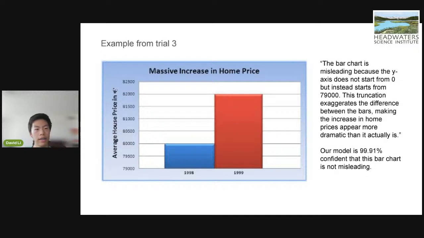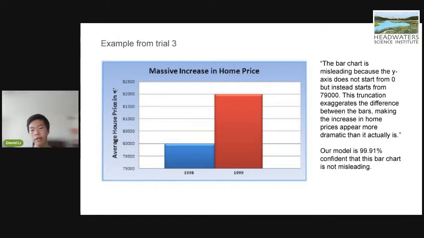On the other hand, this is an example from the third trial. GPT-4o correctly recognizes that this bar chart is misleading. It says that the bar chart is misleading because the y-axis does not start from 0, but instead starts from 79,000. And yes, that means the y-axis is truncated, and so this bar chart is misleading.